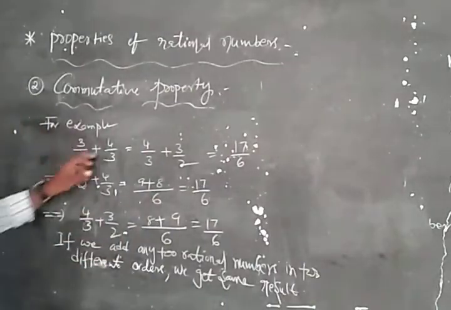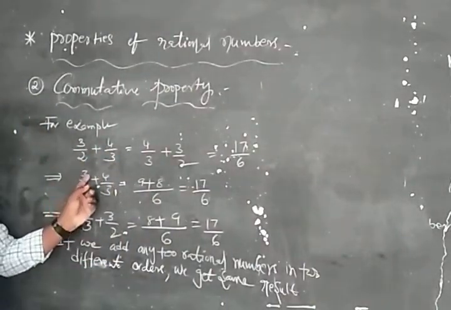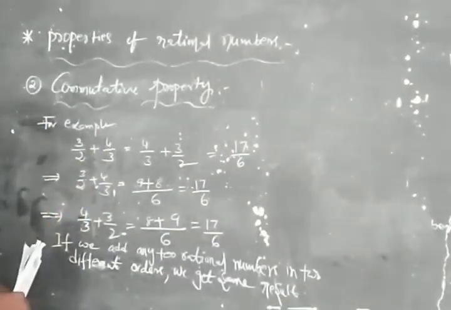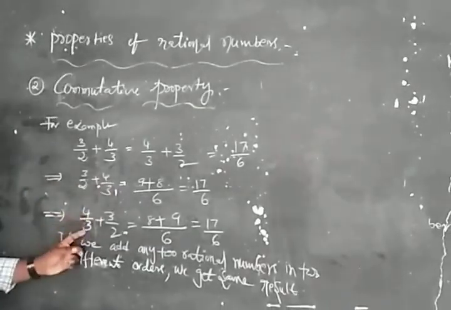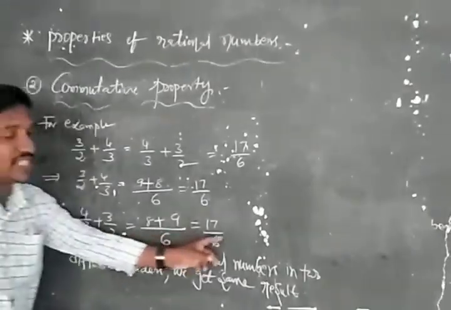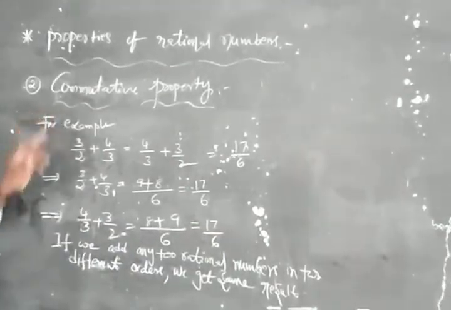Order 3/2 plus 4/3. The order is changed here: 4/3 plus 3/2. So we got the same answer. So that is called the commutative property.